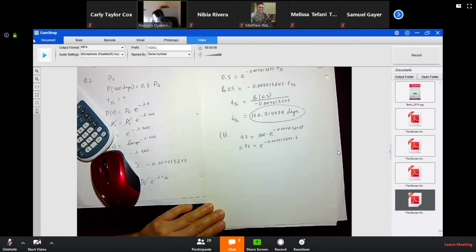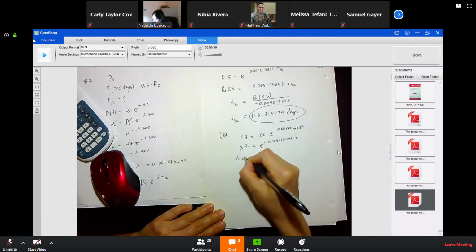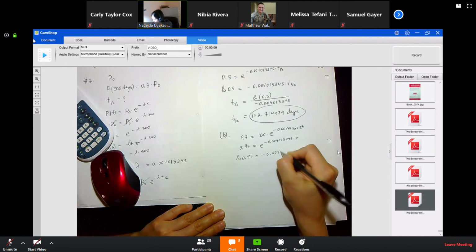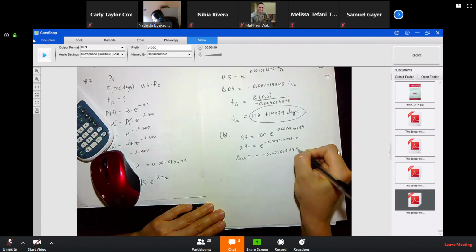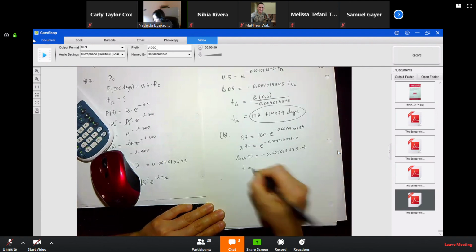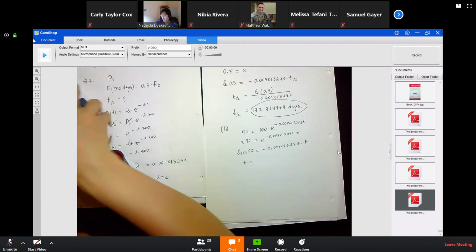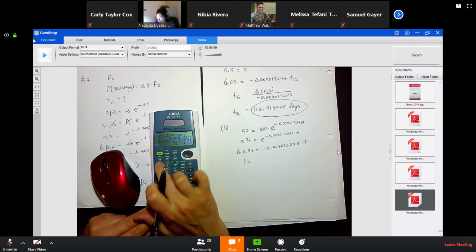Take ln of both sides, and divide both sides by this lambda here, negative lambda, and we should be getting our answer here.